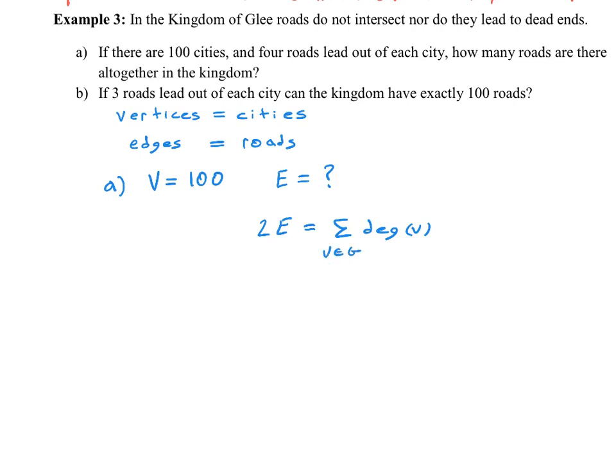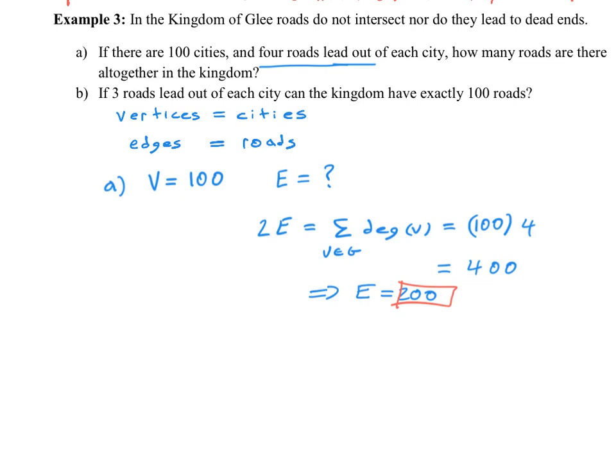And we know that there are 100 vertices in our graph, and each one of those 100 vertices has 4 roads leading out. So if we multiply that by 4, we get the degree sum. So in this case, our degree sum is 400, and that means that capital E is 200. So we have our answer to how many roads are in this kingdom.